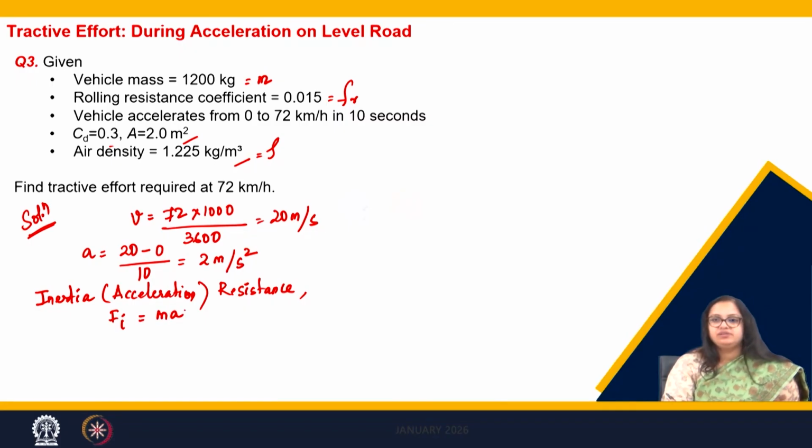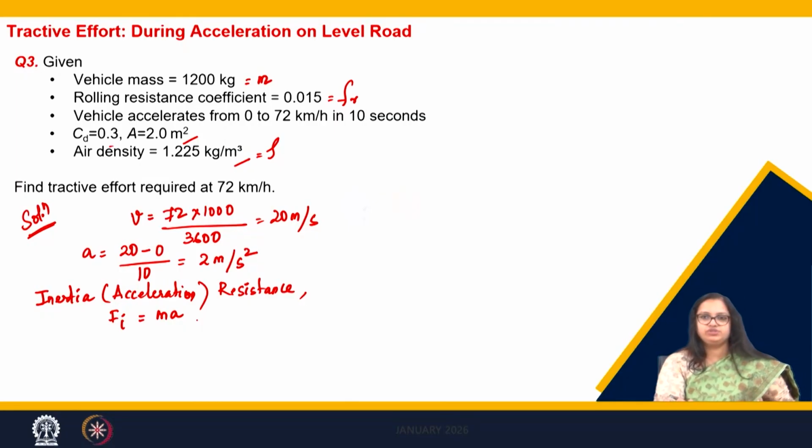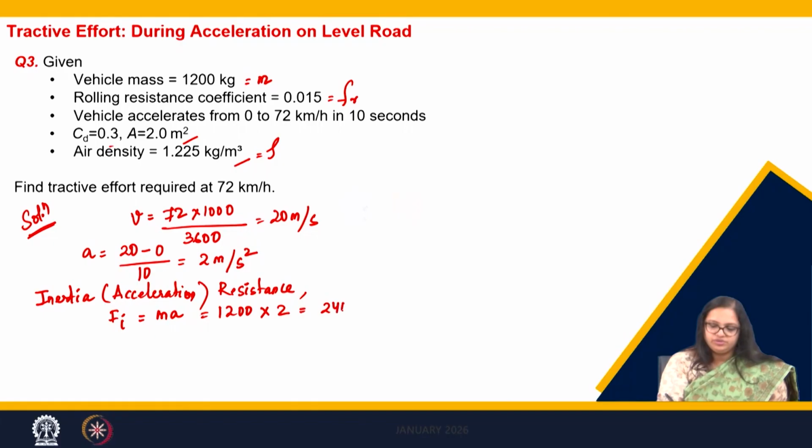If a mass factor delta is given, then we also have to take it into account. However, it is not given in the question. So, my inertial resistance Fi is equal to ma, which is 1200 multiplied by 2, which is 2400 Newton.